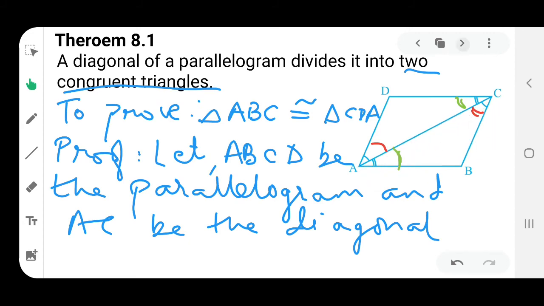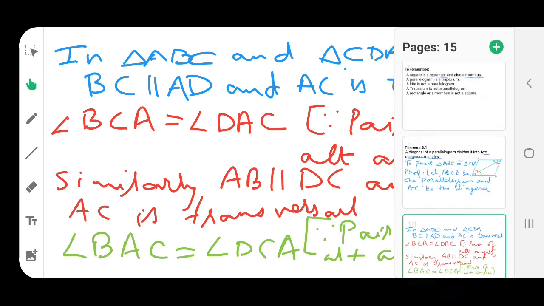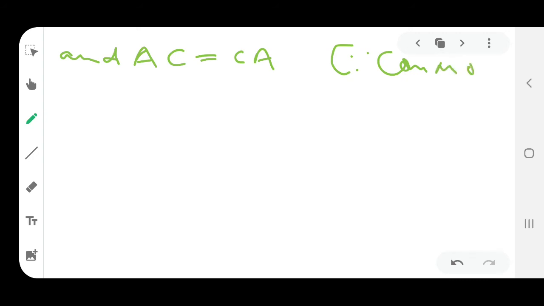AC is common in both, so we can write AC is equal to CA, which is common in both the triangles. That means we have three corresponding parts equal in the triangles.